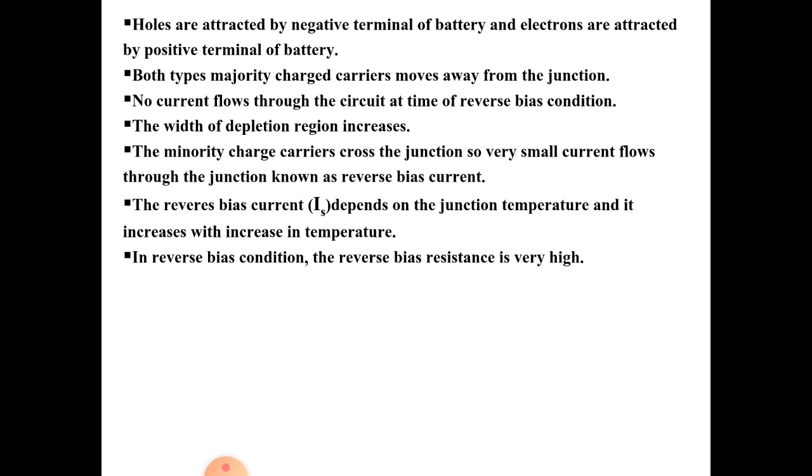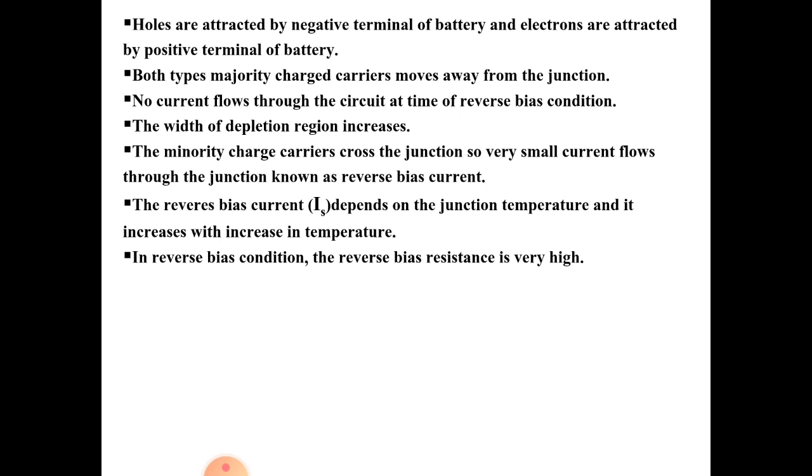The minority charge carriers cross the junction, so a very small current flows through the junction, known as the reverse bias current. The majority charge carriers, holes and electrons, do not cross the junction, but some minority charge carriers do.